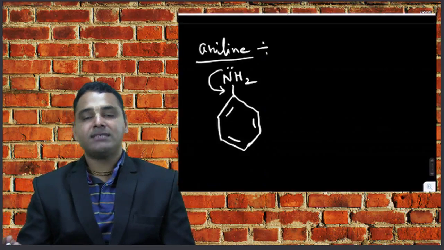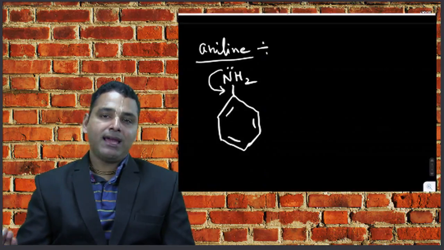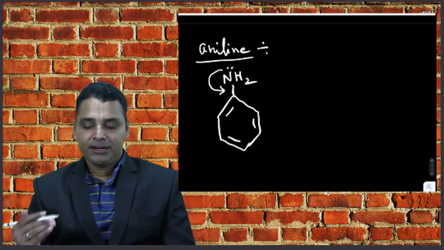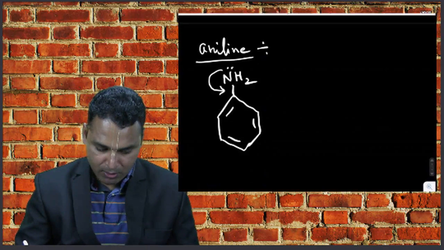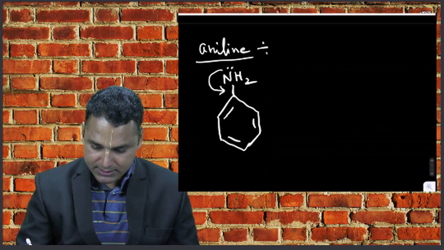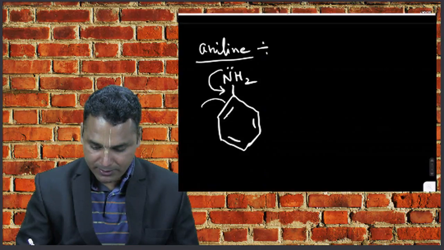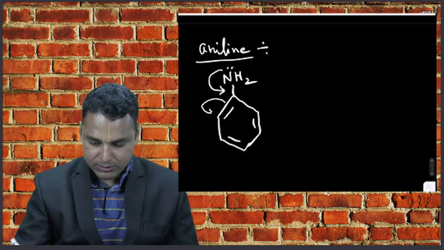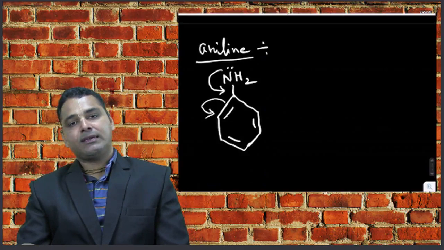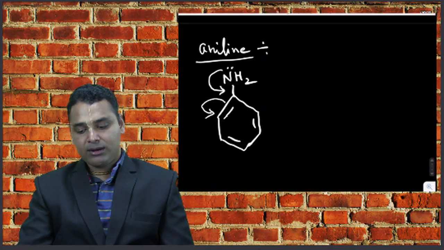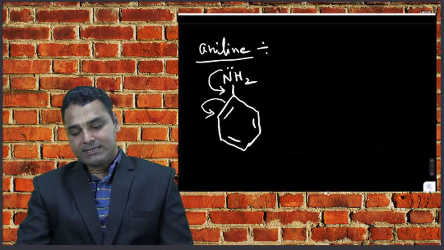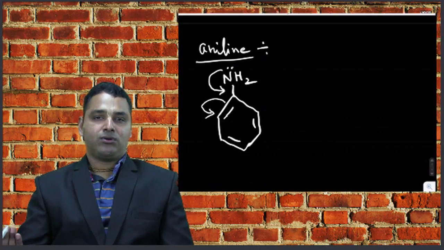It became unstable, and to get stabilized it in return donates its electrons. The double bond broke, and the electrons shift from here to here. So NH2 has given its lone pair to this single bond, and the resonance effect is transmitted throughout the ring.